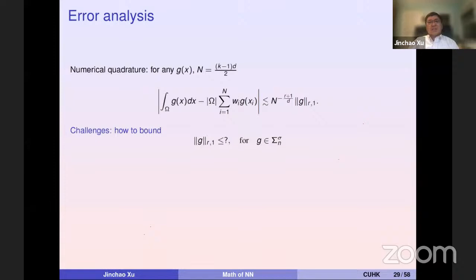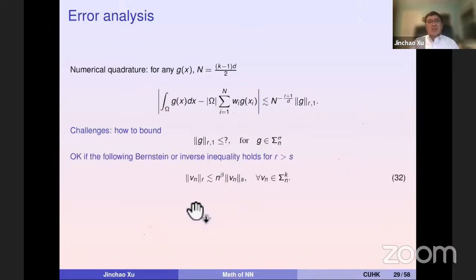Now the question is, how do you do the analysis? It turns out that for the error estimate, for example, you need this high order derivative, if you want to use the Bramble-Hilbert lemma and those things. When you do the numerical quadrature, how do you estimate this? But in general, the high order polynomial in the finite element can be bounded by a low order Sobolev norm with some power of n in front of it.